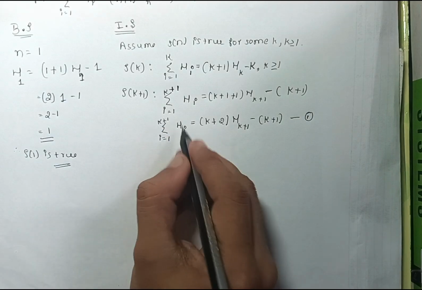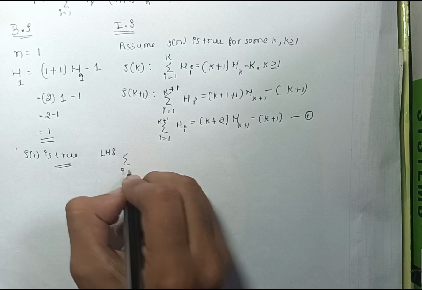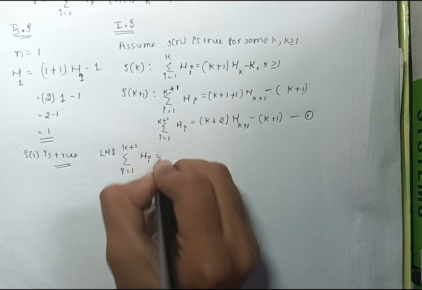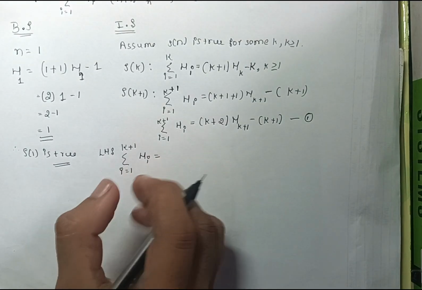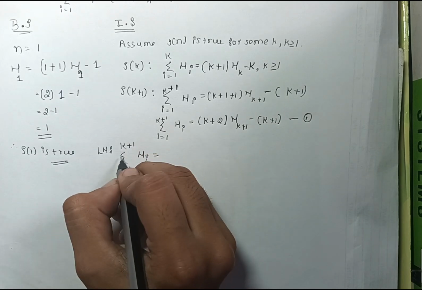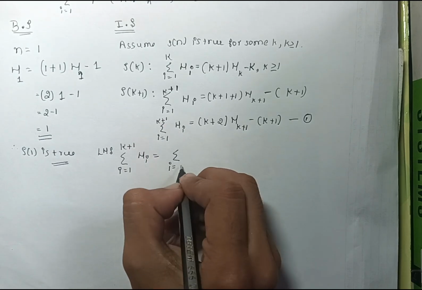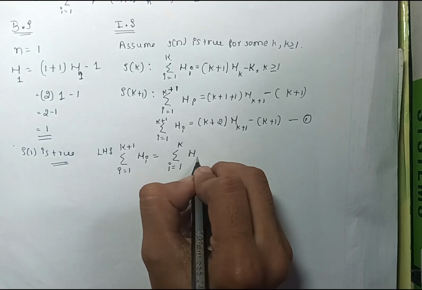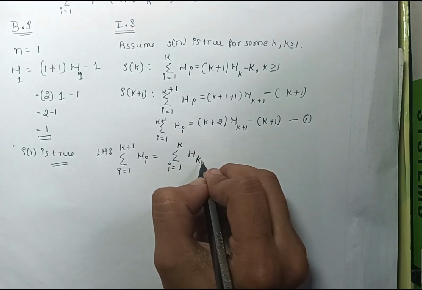Let's take the left hand side of this equation. LHS becomes summation i equal to 1 to k plus 1 hi. Let's break this and write it separately. That is summation i equal to 1 to k of hi. Wherever i is present, put k.